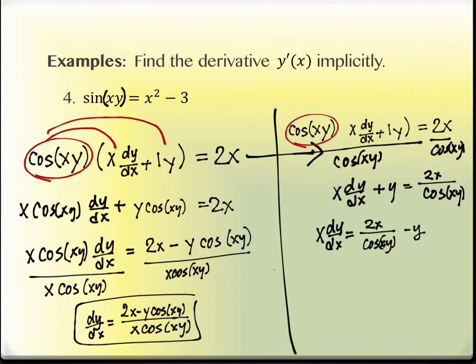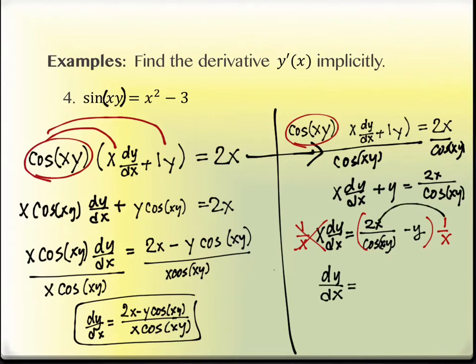I would divide by x, but if I write it as division by x, it's going to look like a fraction divided by something. And so instead of actually writing it as division, I'm going to write it as multiplying by the reciprocal. So we'll multiply by the reciprocal on this, like so. So these pieces, of course, multiply to 1. You have dy/dx on the left.